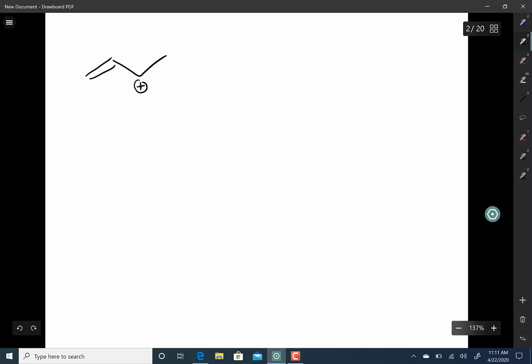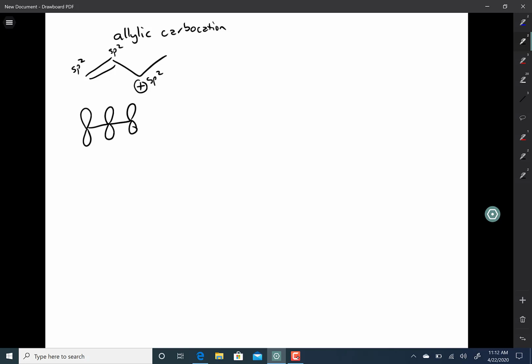So this is what's referred to as an allylic carbocation, where the carbocation is on a carbon adjacent to an alkene. And each of these carbons right here are sp2 hybridized. That means we have a conjugated system of 3 p orbitals in a row.